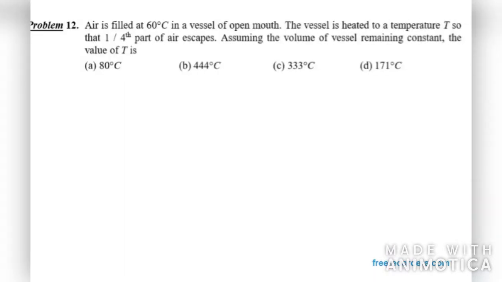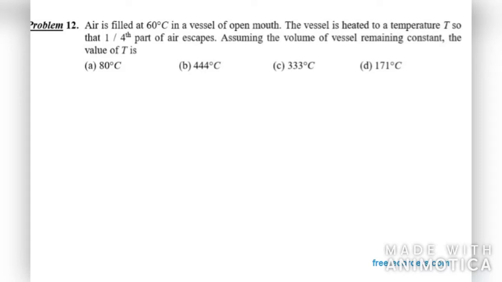Now moving on to problem 12. It says that air is filled at 60 degrees Celsius in a vessel of open mouth. The vessel is heated to a temperature T so that 1/4 part of air escapes. Assuming the volume of the vessel remaining constant, the value of T is?